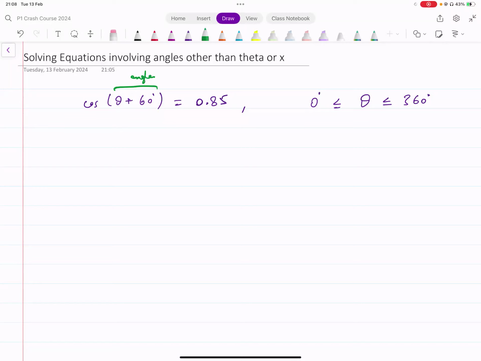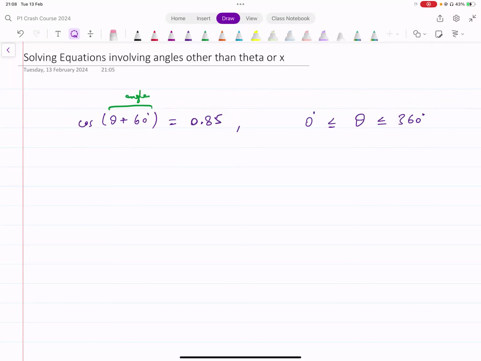Now, how do you solve this equation? There are, again, multiple ways of doing this. One easy way, without confusing yourself too much, is that you use substitution.